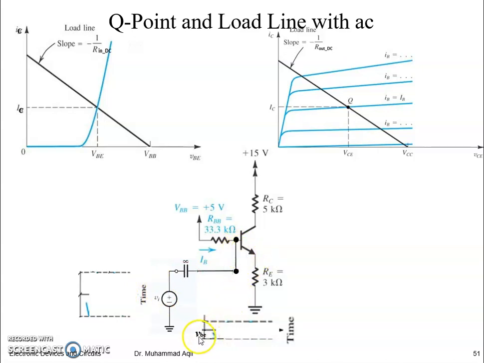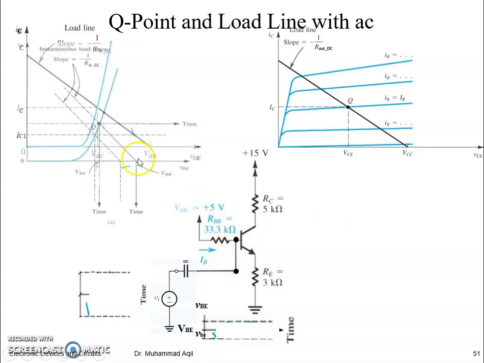So we can write small v small be, but the DC VBE is already available because of these supplies. This AC VBE, when added with the DC VBE, makes the total VBE at this moment when all these supplies are available. So the transistor has to behave for this total VBE.